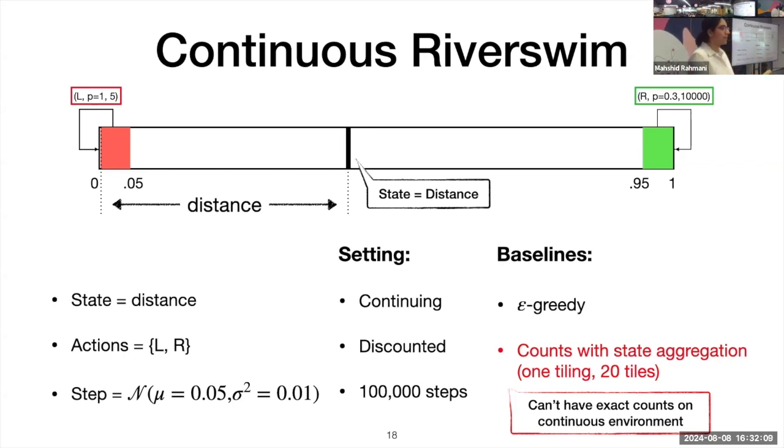So as a baseline, I proposed a state aggregation, which is basically one tiling. We would compare whether the added tilings help with exploration or not.